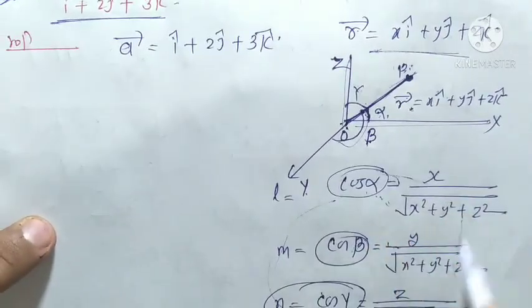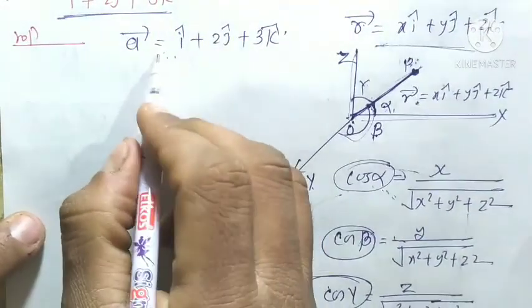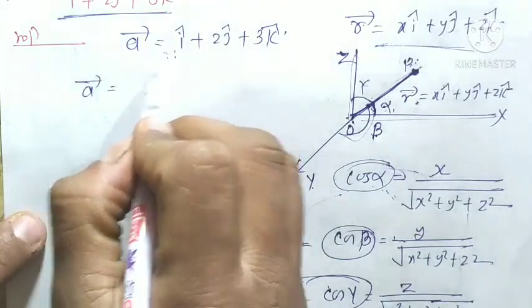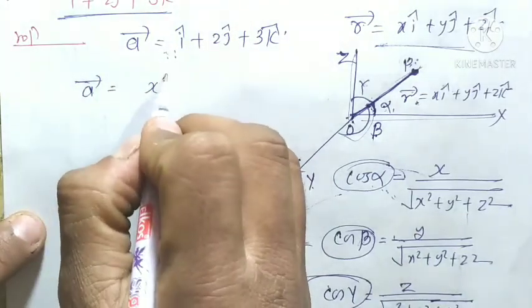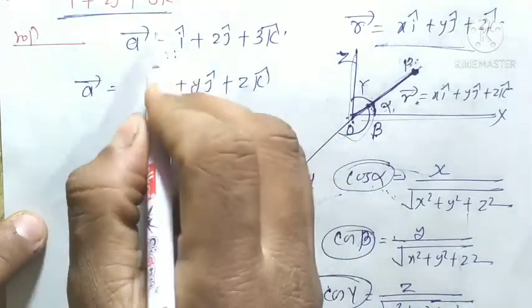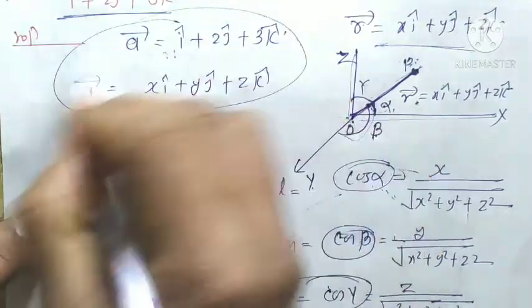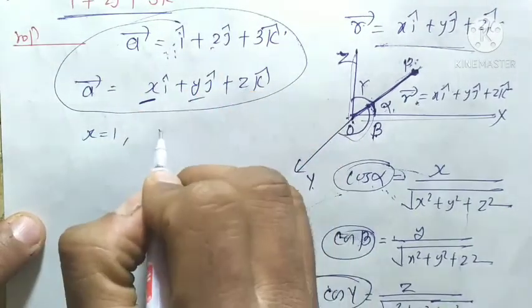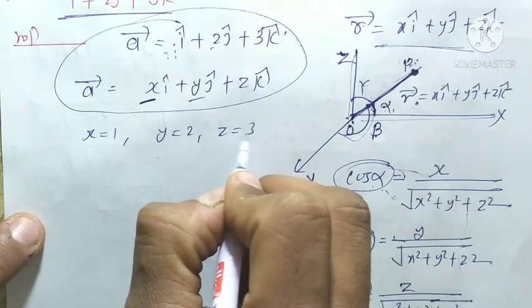Similarly here, if we compare with the general form xi plus yj plus zk, what is the value of x? x is equal to 1, y is equal to 2, z is equal to 3.